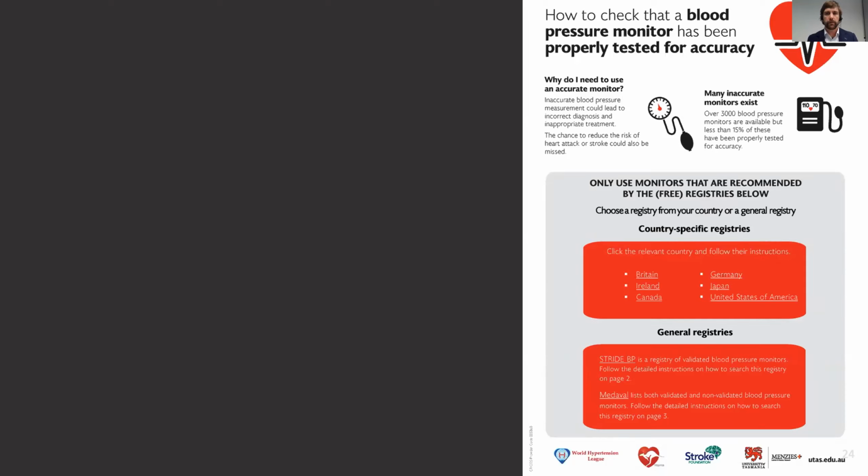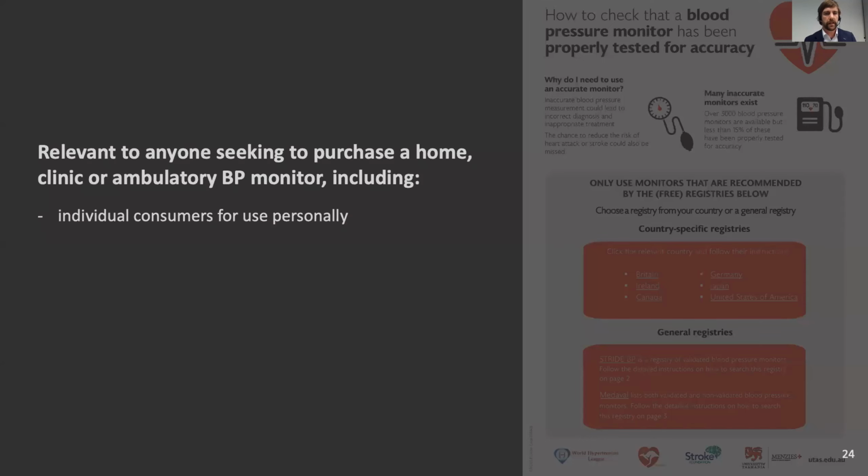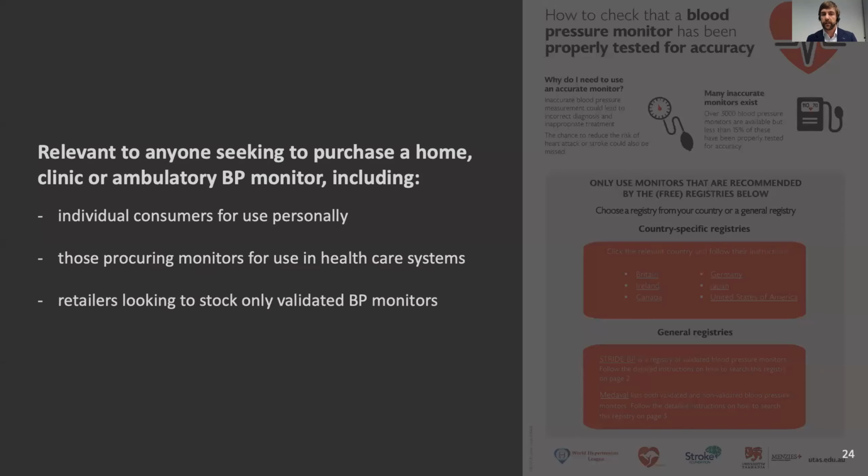And so what we wanted to do with this document, next slide please, is create a document that's relevant to anyone seeking to purchase a home, clinic or ambulatory monitor, including individual consumers, those procuring monitors for use in healthcare systems, and also retailers that might want to only stock and sell validated blood pressure devices.